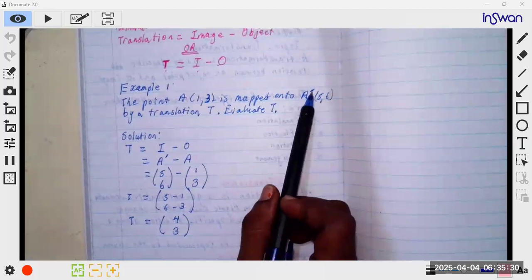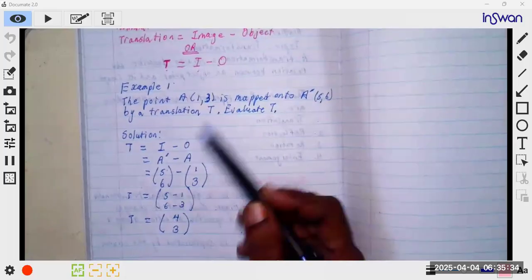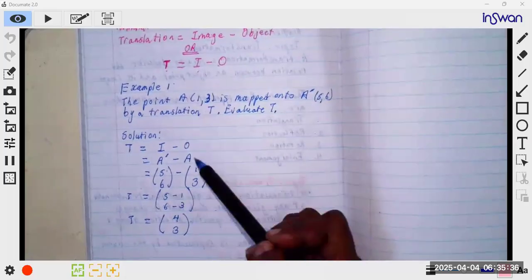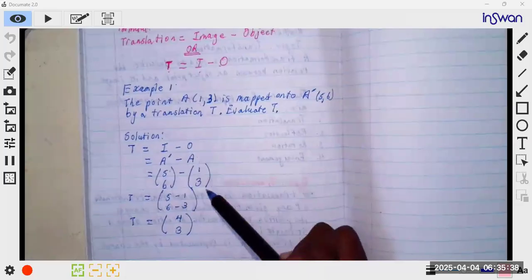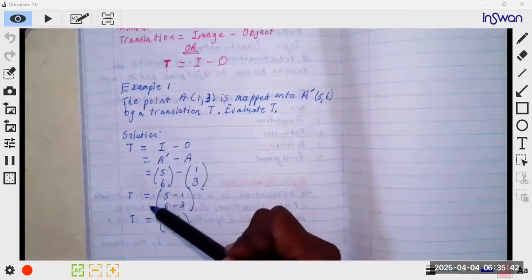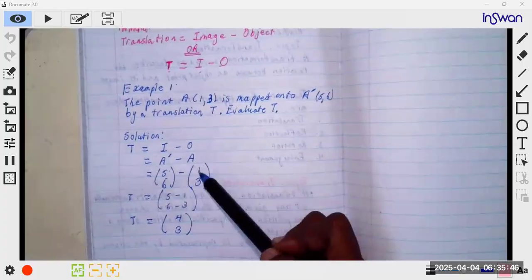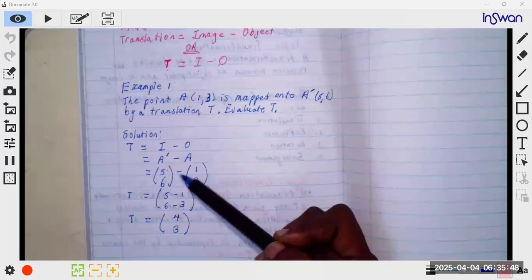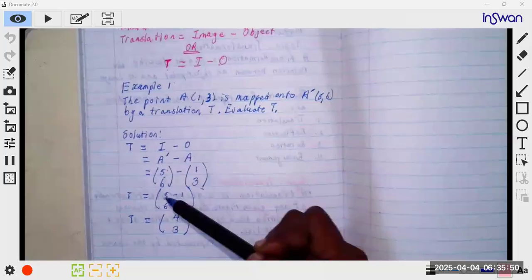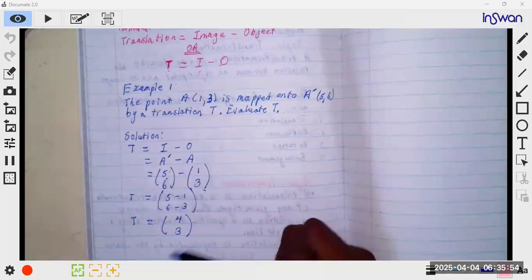So the image is (5, 6), whereas my object is (1, 3). So if I want to find my translation vector, that will be equal to this 5 take away this 1, and this 6 take away this 3. So 5 take away 1 will be 4, and 6 take away 3 is 3.